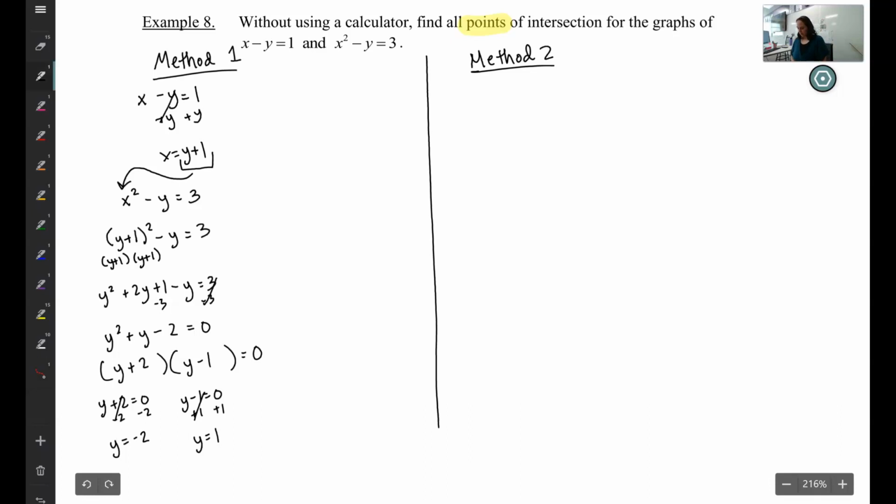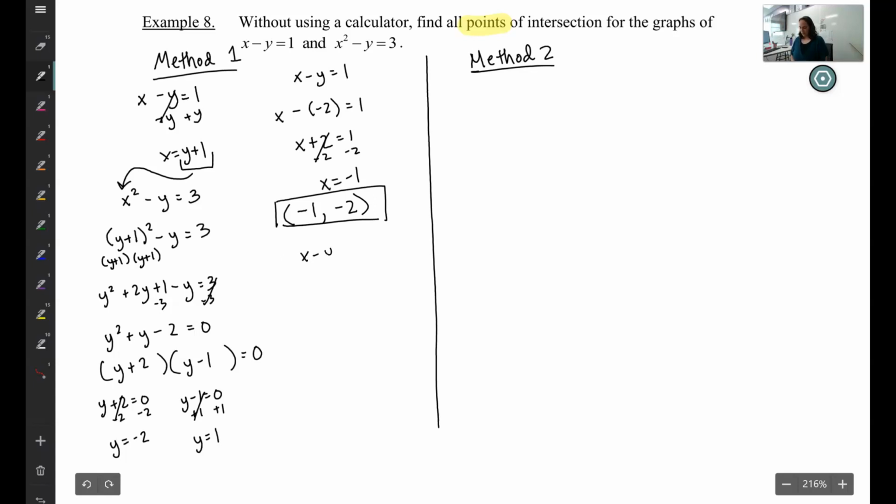So I'm going to take x minus y equals 1, that equation, and I'm going to start by plugging in my first answer, which was negative 2. So x plus 2 equals 1. Solve for x, so I get x equals negative 1. So for that point, the x value was negative 1, the y value was negative 2. And that's our first one.